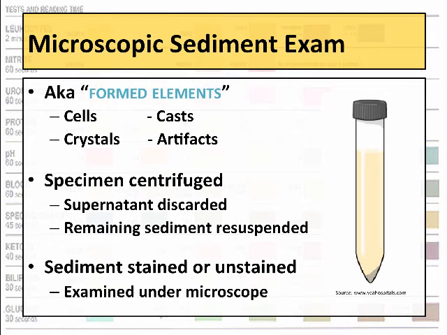It can either be stained or unstained, and that's how you're going to identify some of these things. So what we're looking for is this little part of the urine that gets concentrated after centrifugation at the bottom of the tube that you will be examining during this microscopic exam. You will be using both low power and high power to examine this, so be aware of that.